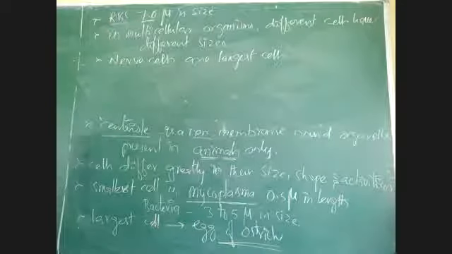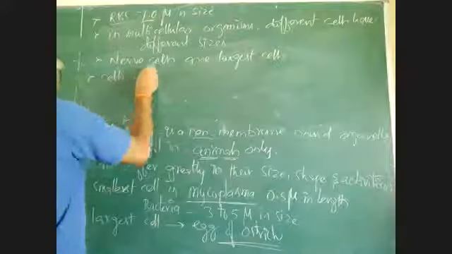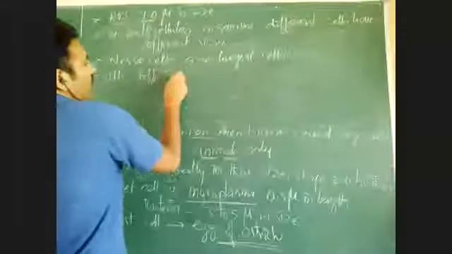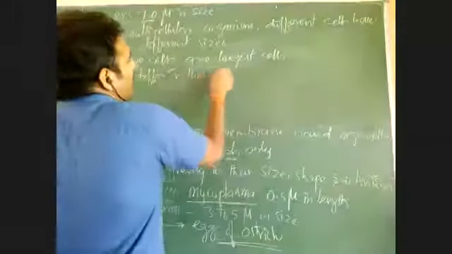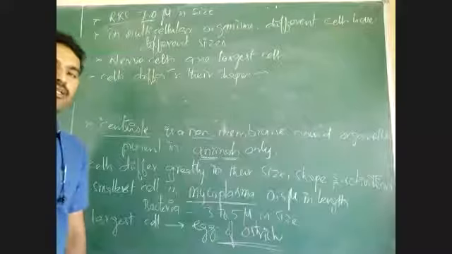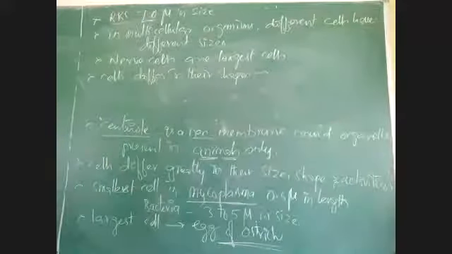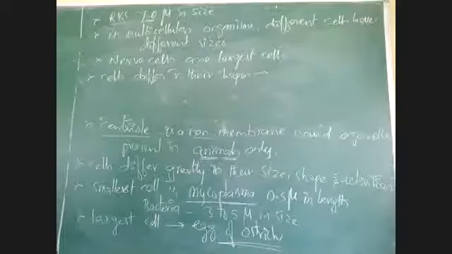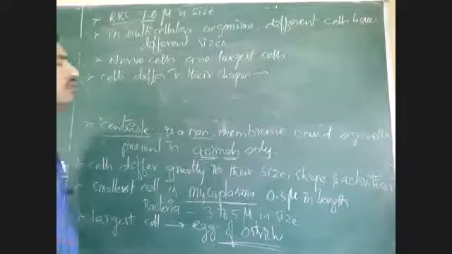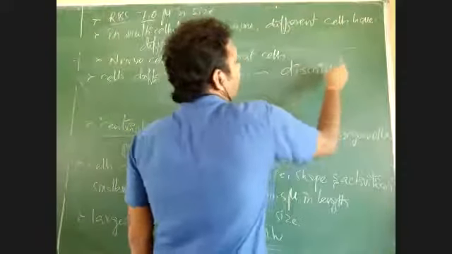Okay. See here, cells differ in their shape. Shapes of cells are also differing. Based on the function, cells have different shapes. The cells may have different shapes like discoid. Discoid means disc-like structure.